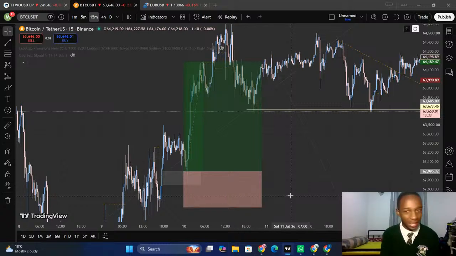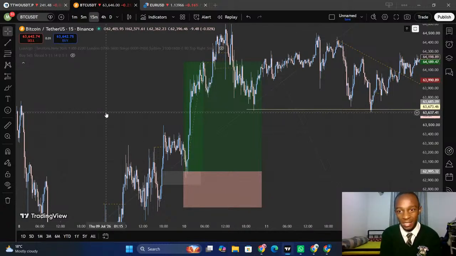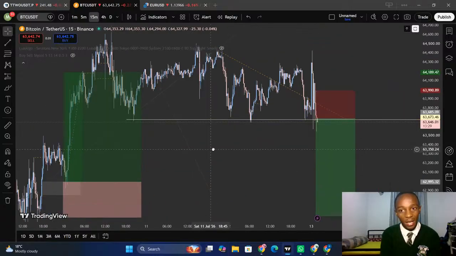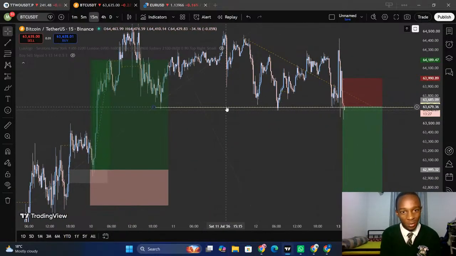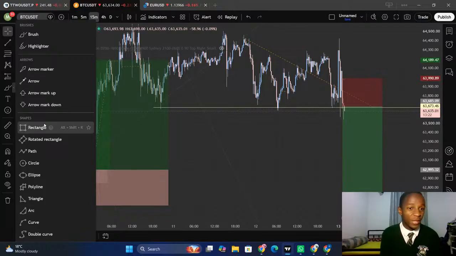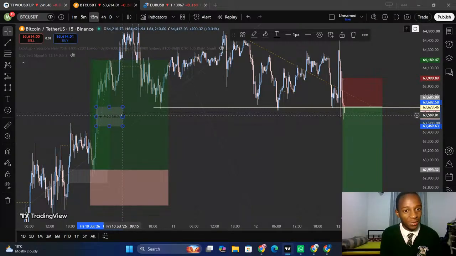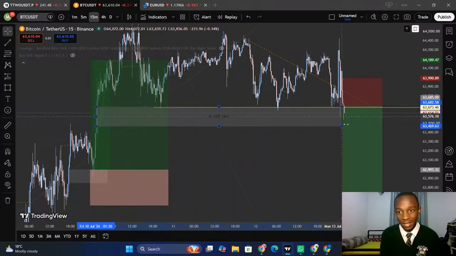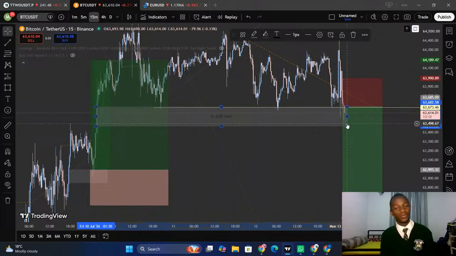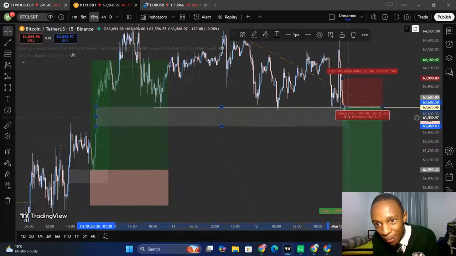Because as you can see, we're respecting this zone, and we are truly respecting this zone. Let me show you. We're respecting that zone because of this fair value gap. I don't know if you can see it, but I see it enough. This fair value gap. And you can just see how price is breaking below.